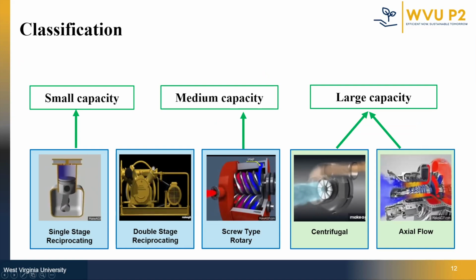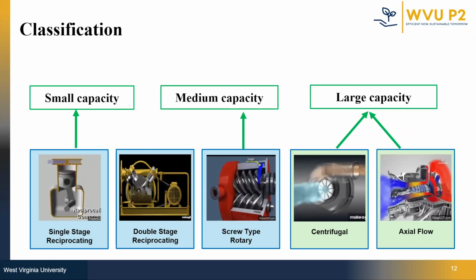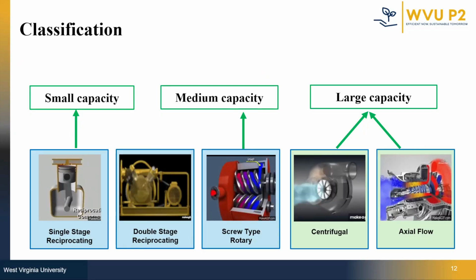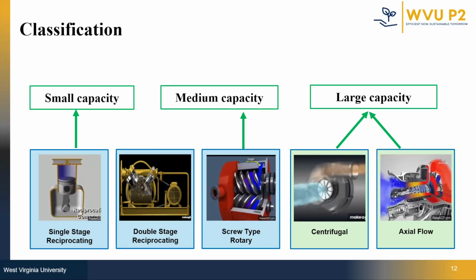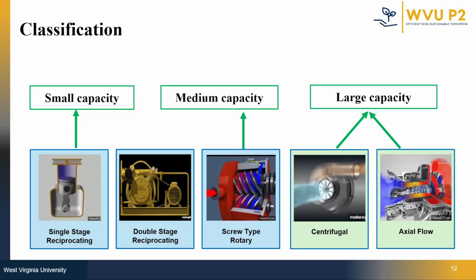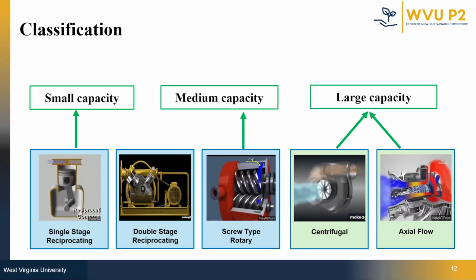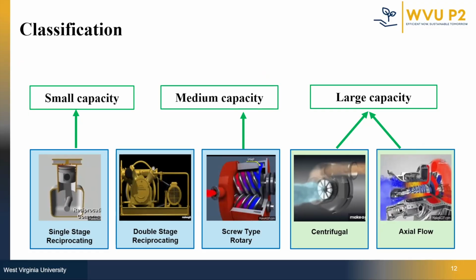So the compressor can be classified depending on its use. Small capacity, a single stage reciprocating compressors are most common. Industry use them where the air demand is low or irregular. In a medium capacity range, rotary screw compressors are popular in manufacturing plants because it strikes the right balance.